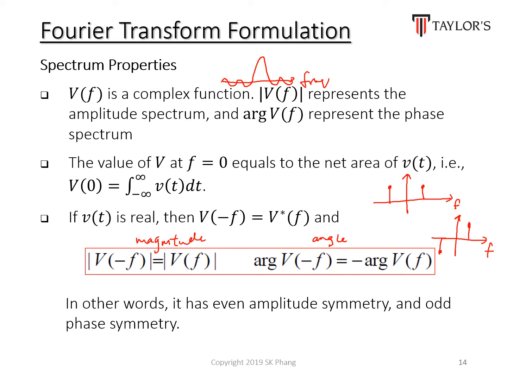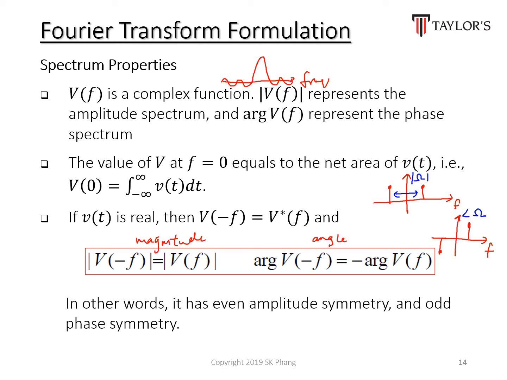I have already told you that in this frequency spectrum analysis, this one is the magnitude and this one is the angle. The magnitude is always even symmetry, meaning that the left side and the right side will be exactly the same.